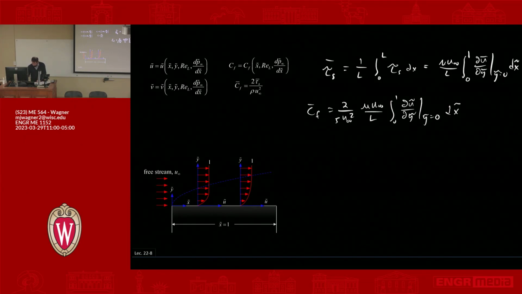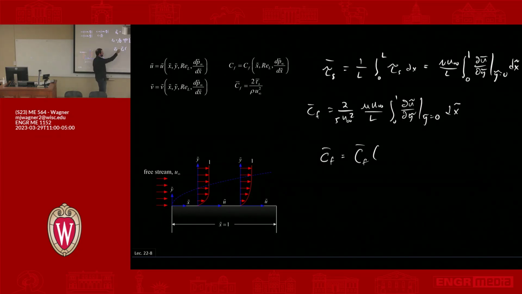What do we notice? From this relationship, C bar F is equal to C bar F of what? Using this relationship, I can now decide what my correlation has to be a function of. Again, we're going to see a Reynolds number show up here. We're taking an integral over x, so in the end this is a definite integral, right?